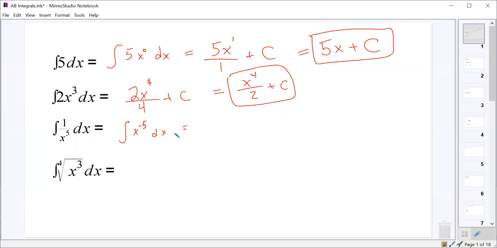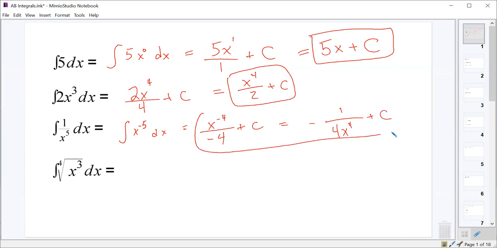So integrating x to the negative 5 means we go up to x to the negative 4 and then divide by negative 4 and add our constant. And if we wanted to rewrite this as negative 1 over 4x to the 4th plus a constant, we could do that. Either one of those is perfectly acceptable. Any issues with that, or everybody okay with that?